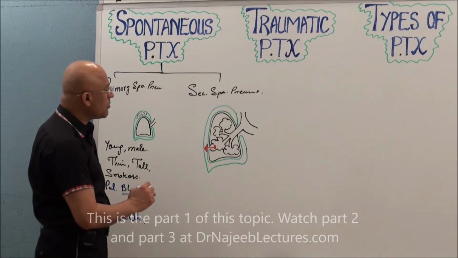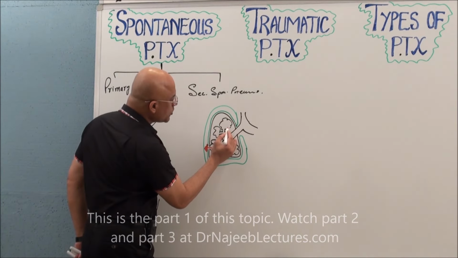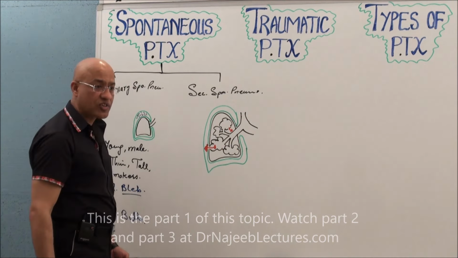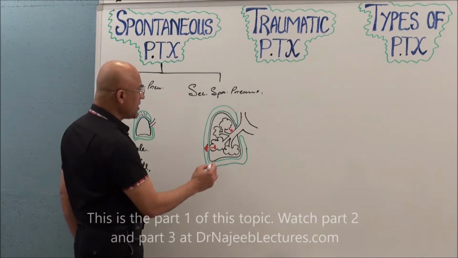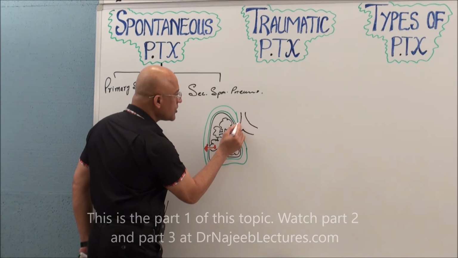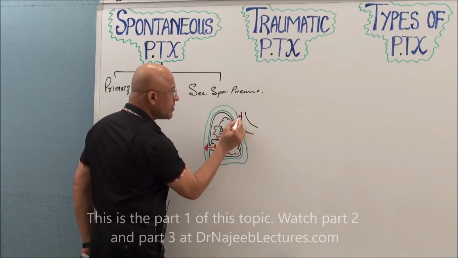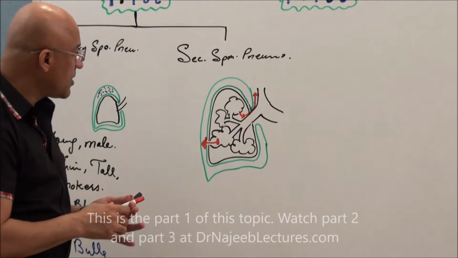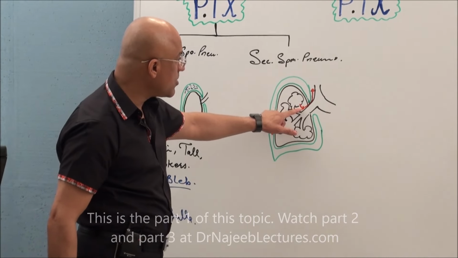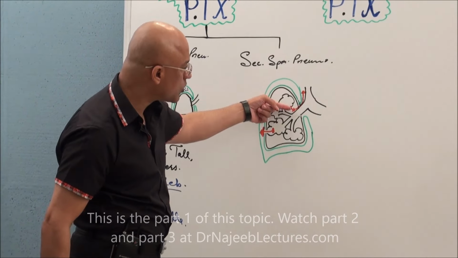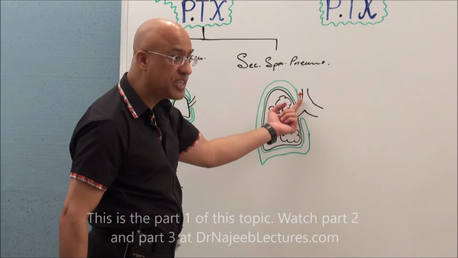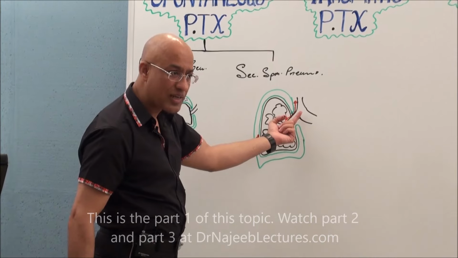Other is that sometimes air leaks into the interstitium of the lung. This is lung parenchyma or interstitium. From here, air moves proximally to the mediastinum. So it means air leaked into lung parenchyma, then it dissected through the lung interstitium, and then it went into the mediastinum, right?